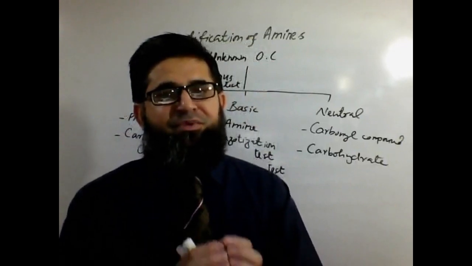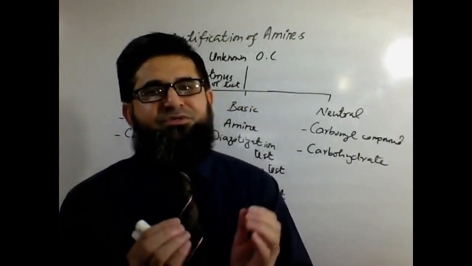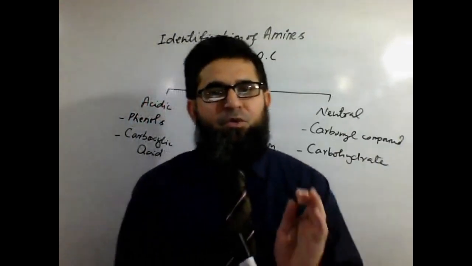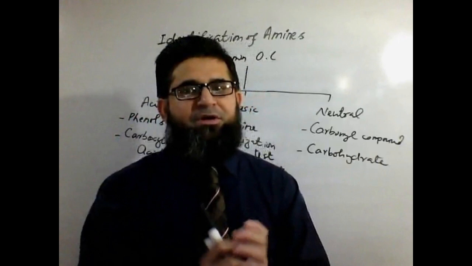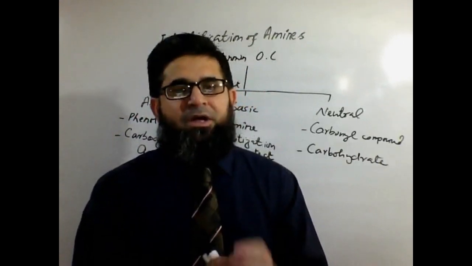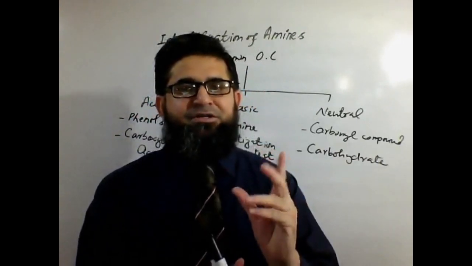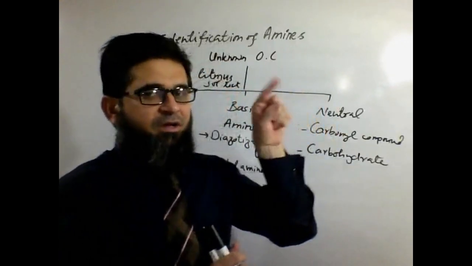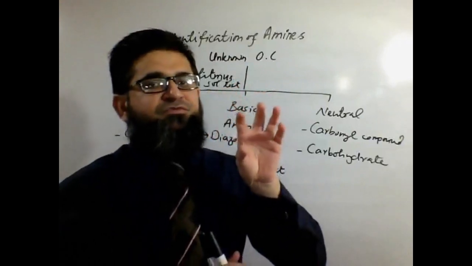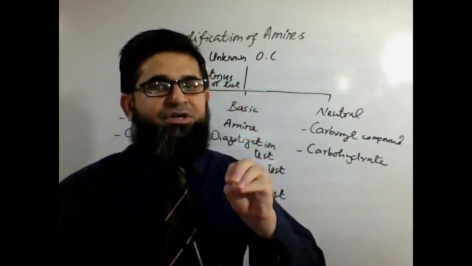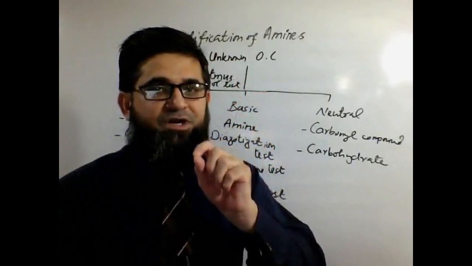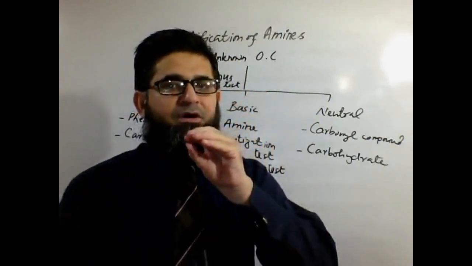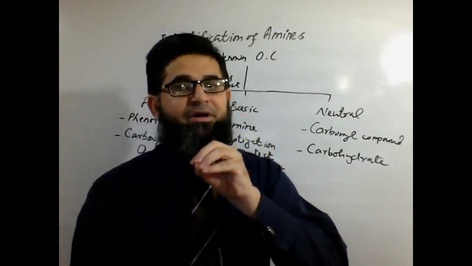Once you perform the diazotization test, diazonium salts are produced, and those diazonium salts undergo coupling with an aromatic compound like phenols, and the formation of colorants inside the test tube confirms the starting compound was a primary amine, which would have undergone diazotization, and the diazonium salts would have undergone coupling, giving you a colored product inside the tube.